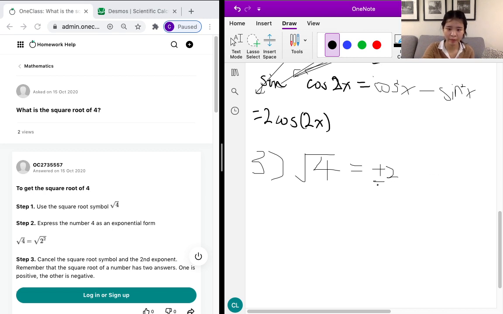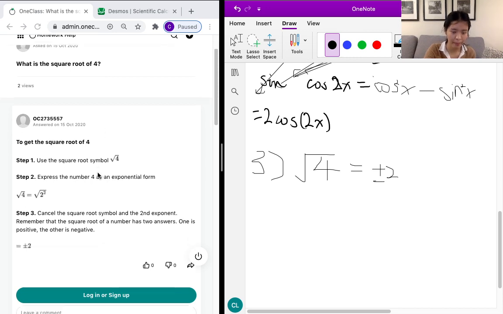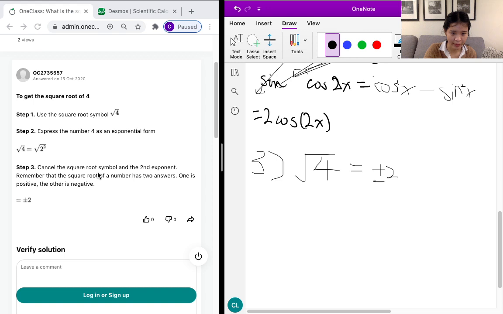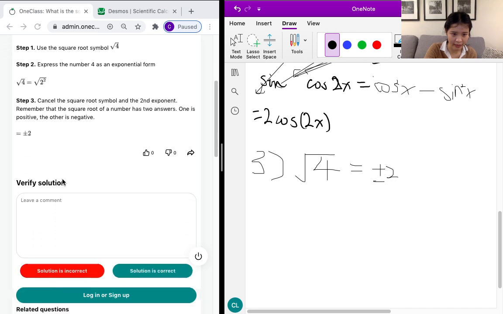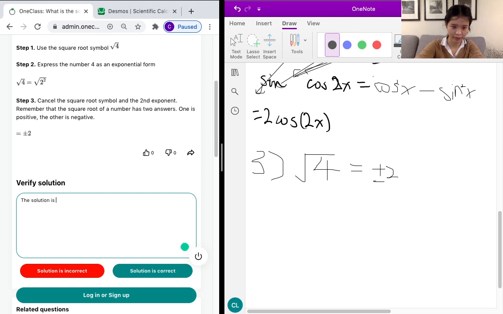So the square root of 4 is positive 2 or negative 2. Okay, and let's look at the sample solution over here. It is correct. So we'll just say that the solution is correct and move on to our next problem.